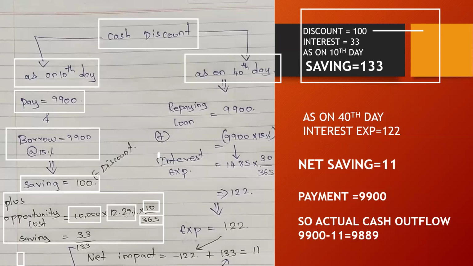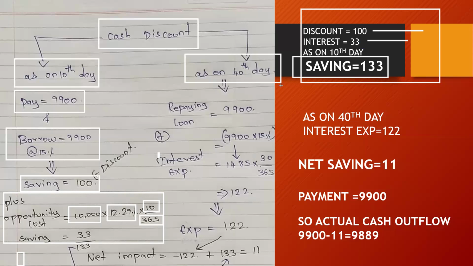So net savings will be $133, the discount and the interest. The net saving on the 10th day will be $133 for the purchase of $10,000. The $10,000 is my hypothetical number; you can take any value.